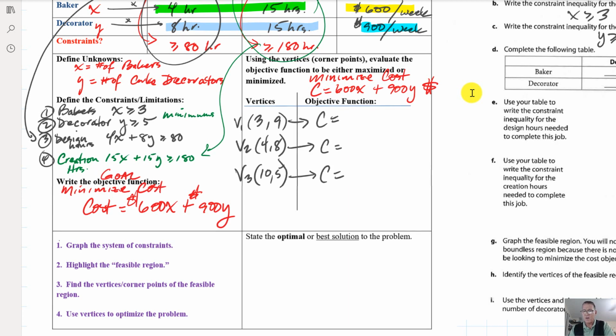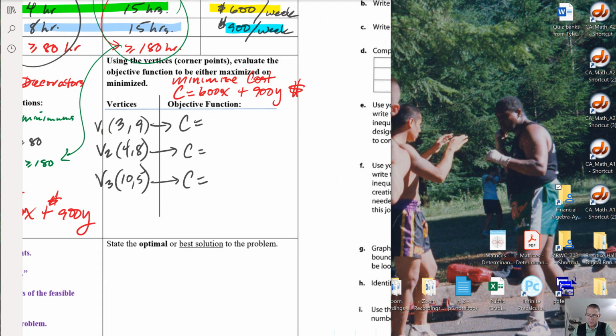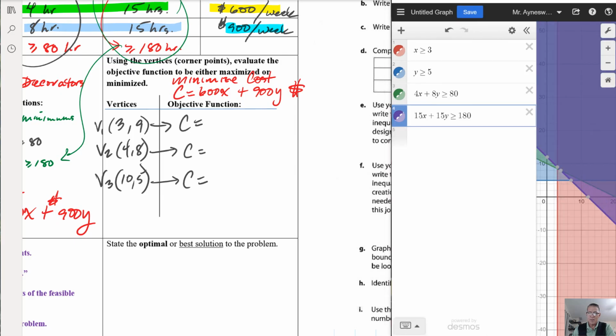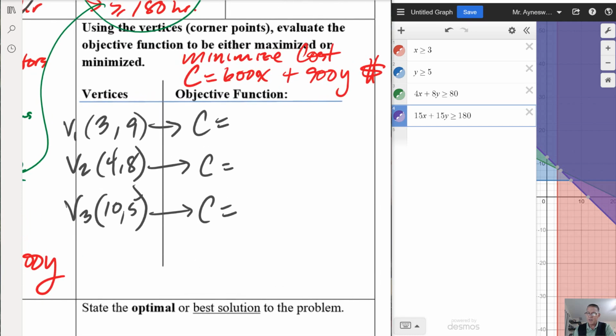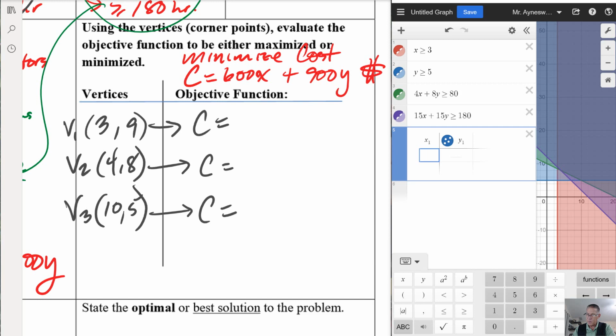At this point I use Desmos. I showed you guys how to do it very easily in Desmos, so let's do it again. Let's put it side by side and get a cost. So we set up a table and put in the points (3, 9), (4, 8), (10, 5).